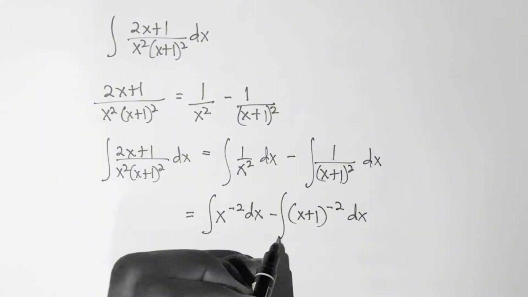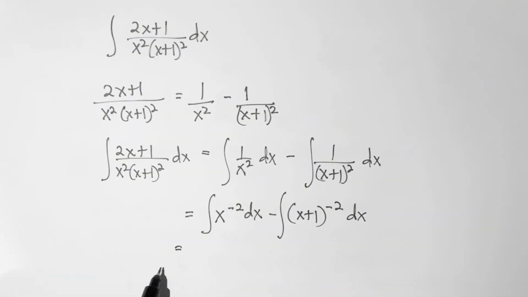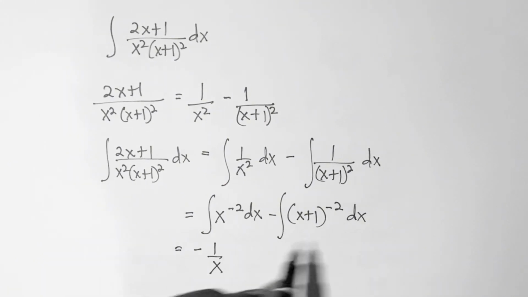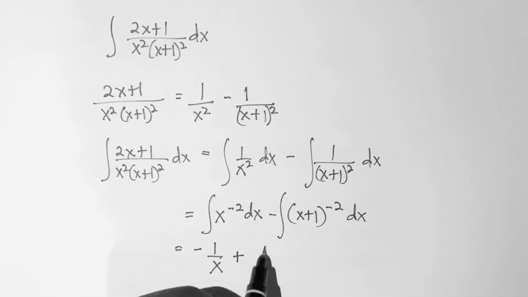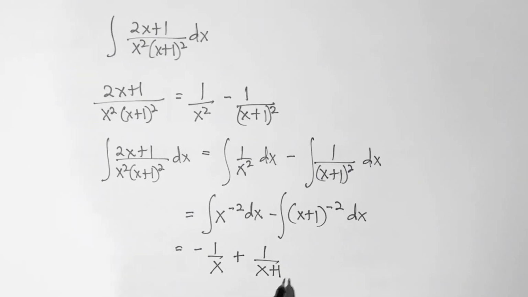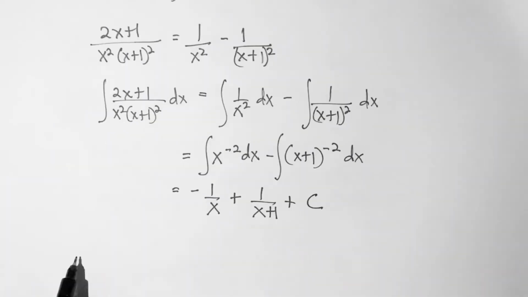If we add 1 to this exponent, it becomes minus 1, so this becomes minus 1 over x. And if we add 1 here, it becomes minus 1, so here becomes plus 1 over (x plus 1). Then plus the constant of integration c.